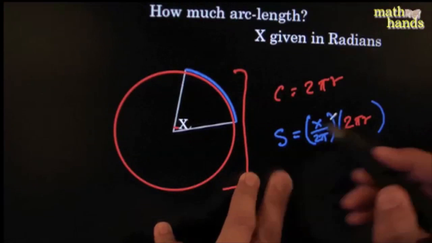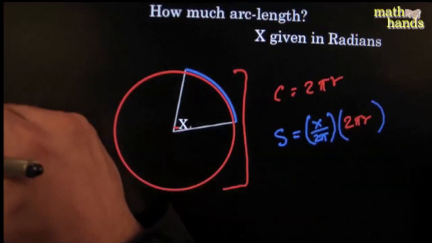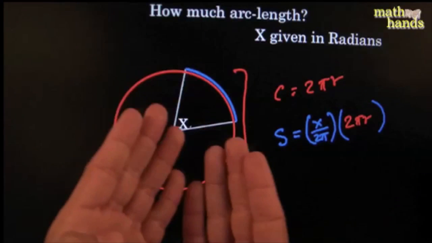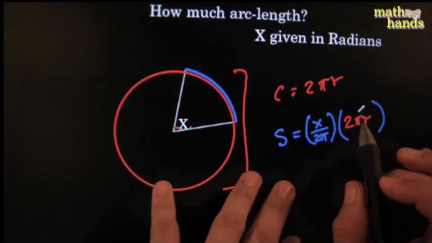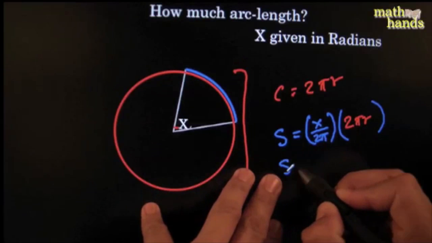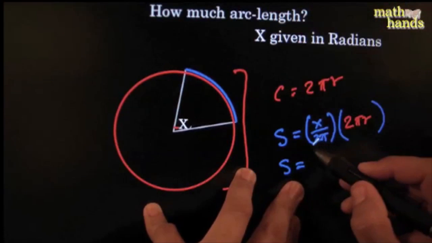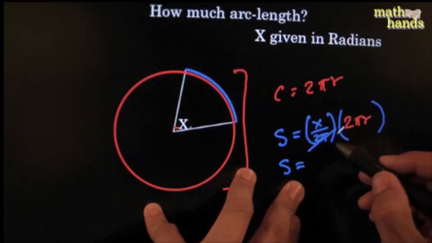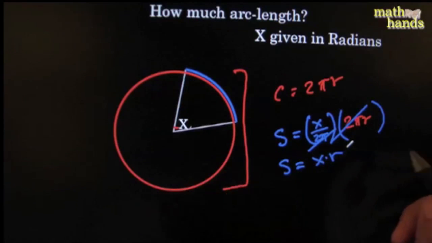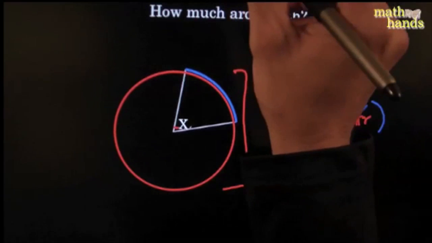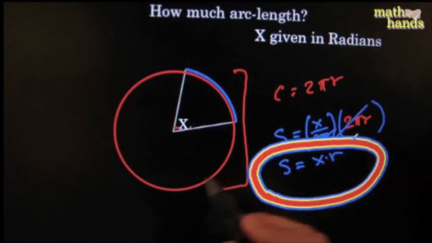This is the portion of the circle that you have. I know it may look more complicated, but it's not different than when we had 1/2 or 1/4. It's just x many radians out of a total of 2 pi. The reason this is famous is because it cleans up so nicely. Well, that's not the only reason, but one way to see it is because this cleans up nicely. The 2 pi cancels that 2 pi, and all you get is x times r. Super famous. I think this one we gotta give it some color because it's so famous.